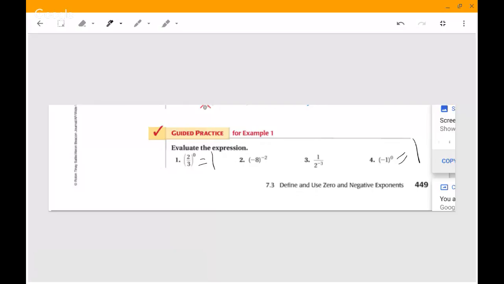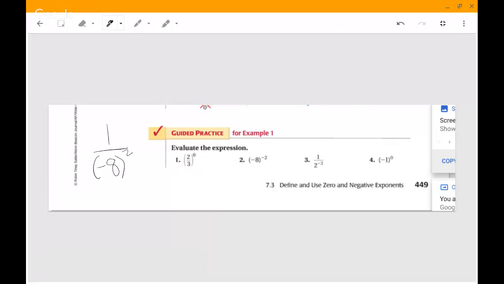All right. For number 2, I'm going to go ahead and erase this. When you see a negative exponent on a number, the first thing you want to think of is just the inverse. So instead of it being -8 squared, it's automatically going to be 1 over 8 squared.